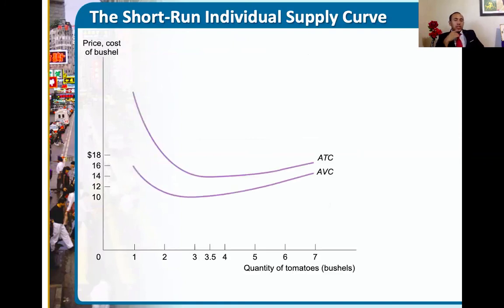Now, let's assume our average total cost curve, ATC, and the average variable cost curve, AVC, are under the following conditions. This is very important because the average cost of production, the variable cost, and the twin forces of supply and demand, along with the price in the market, help derive the short-run individual supply curve for a firm.